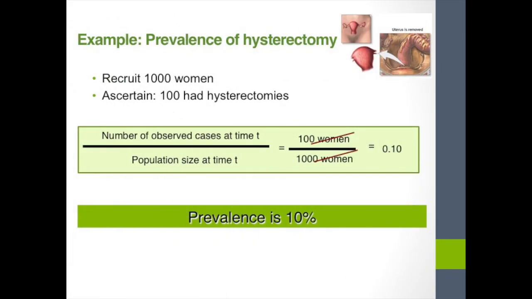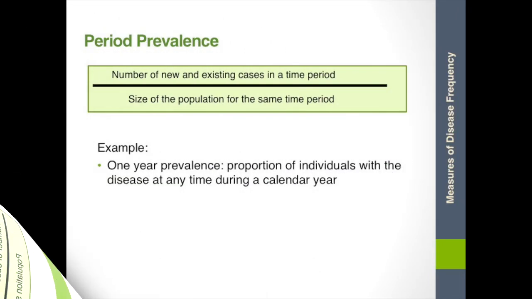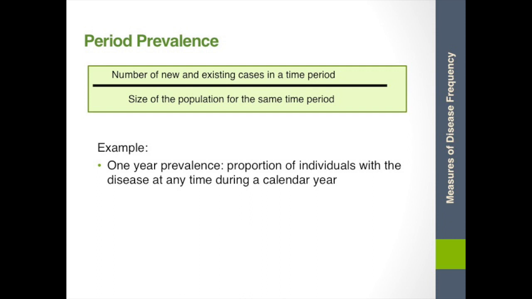Using our example about hysterectomy and uterine cancer, let's suppose that we recruited 1,000 women and found that 100 had hysterectomies. The prevalence of hysterectomy in this population would be 10%. Period prevalence measures the number of new and existing cases in a time period divided by the size of the population for the same time period.